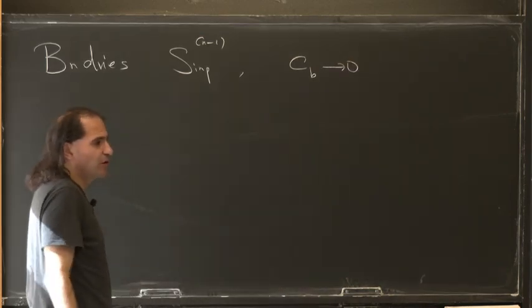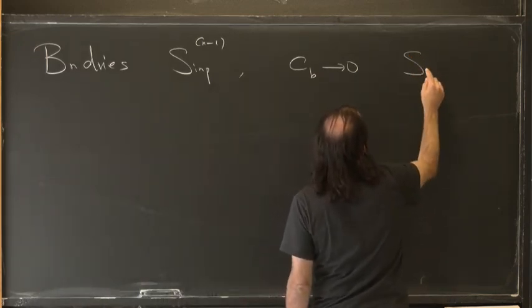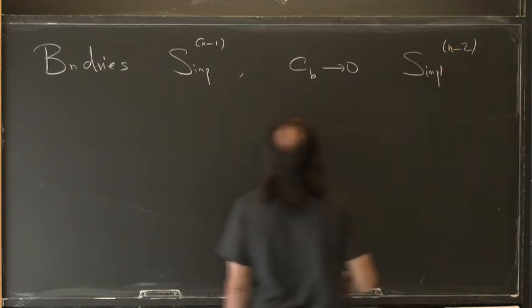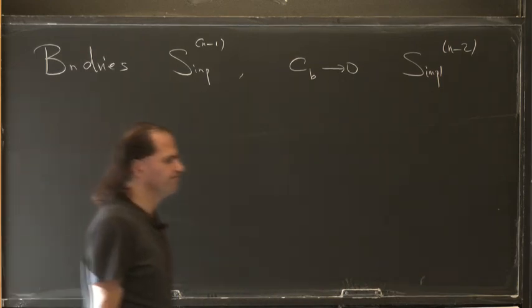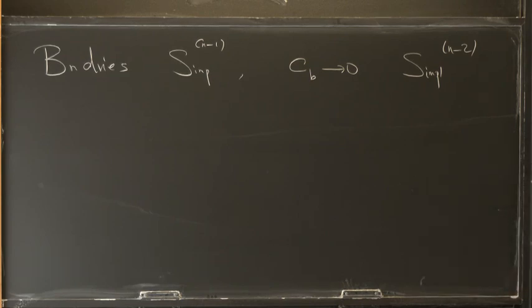Then what does the boundary look like? It's just a lower simplex. So the boundaries are also simplices. This is a very simple and familiar idea, and now we're going to generalize it.